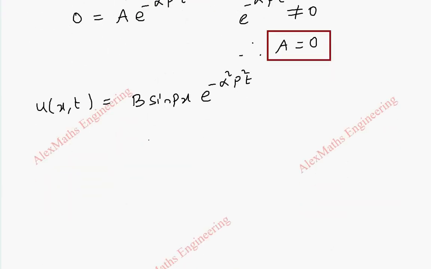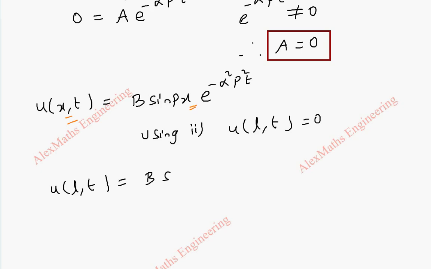Now we are going to use the second condition. So using the second condition, u(L,t) = 0. So wherever x is there, I have to substitute L. So this will become u(L,t) = B sin pL e^(−α²p²t). Now this is 0.